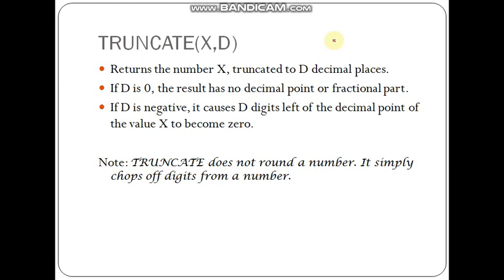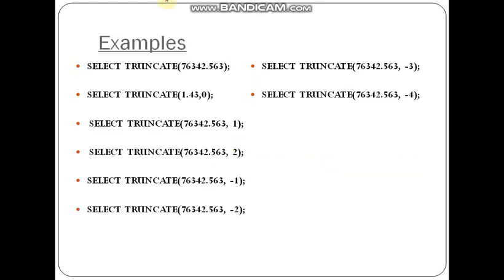Let's look at another function similar to the round function, that is the TRUNCATE function. The difference is we do not add 1 to the number if it is 5 or above, we just chop off the digits from the number. Let's see the examples. TRUNCATE 76342.563, the second argument is missing, that means 0. I don't want any decimal points. So the answer is 76342.